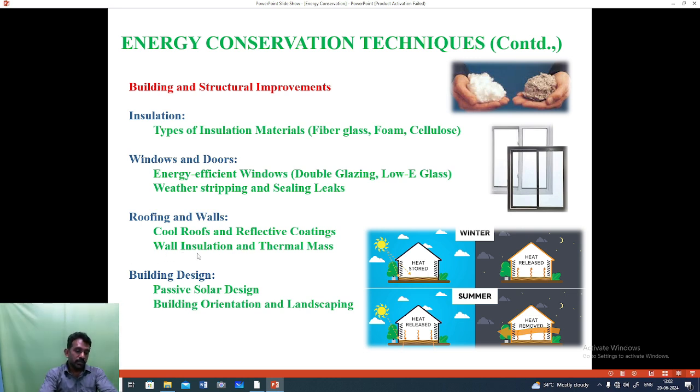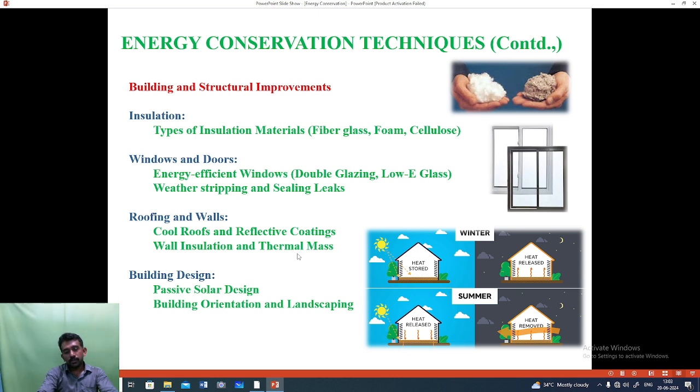And wall insulation, similar to the cool roofs, as we have seen above in this slide, fiberglass and foam are used as wall insulation materials, and we can prevent the excessive flow of heat coming from the radiation of the sun.